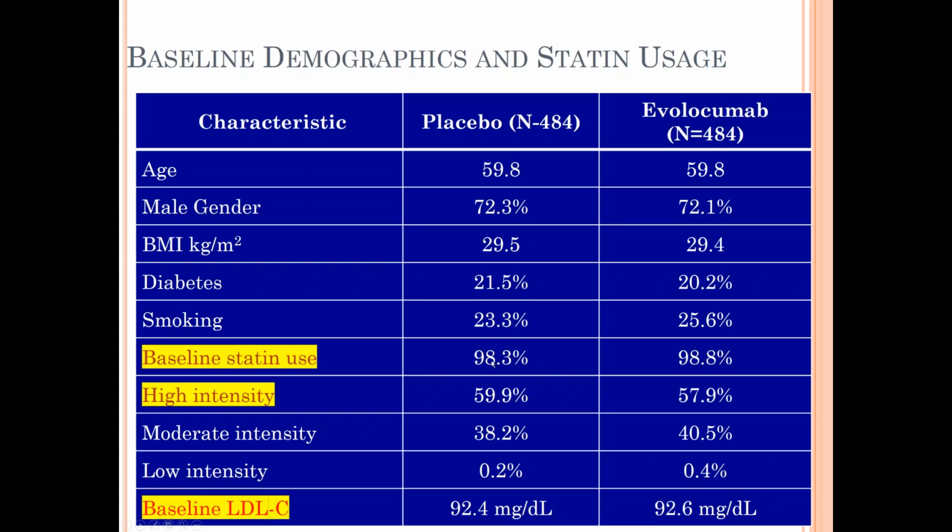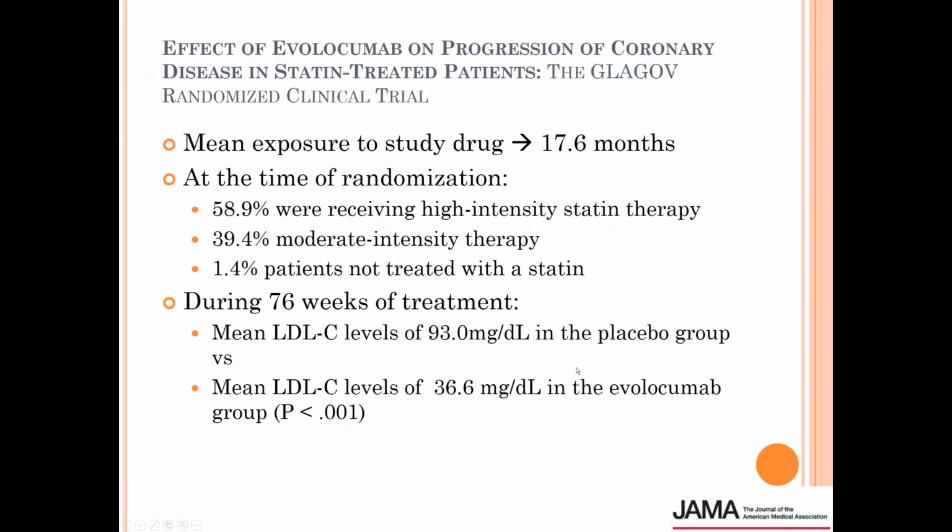So baseline statin use was close to almost 100%, and 60% of those were on high-intensity statin. Baseline LDL was also less than 100, which is lower than the previous studies.